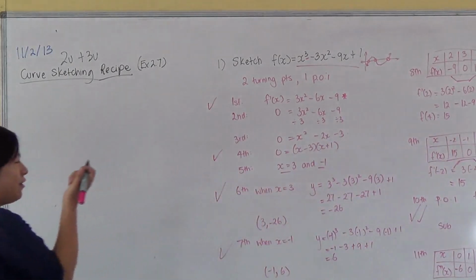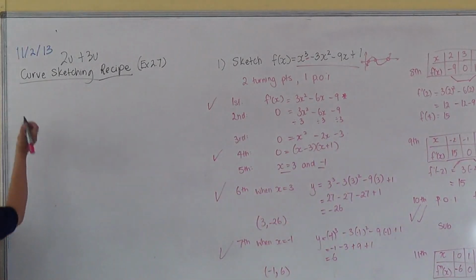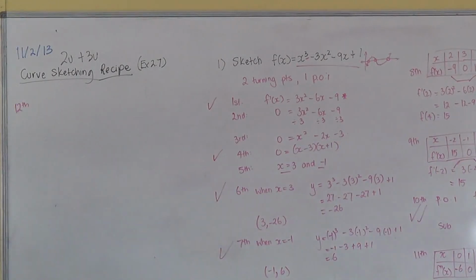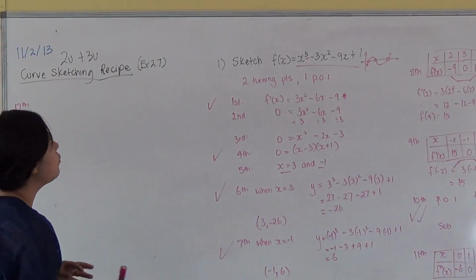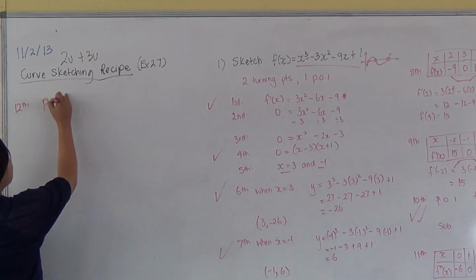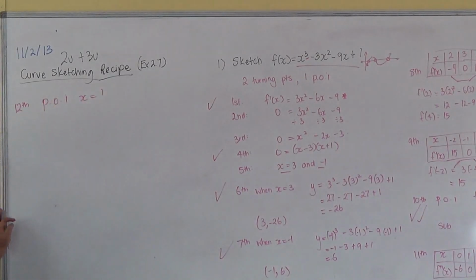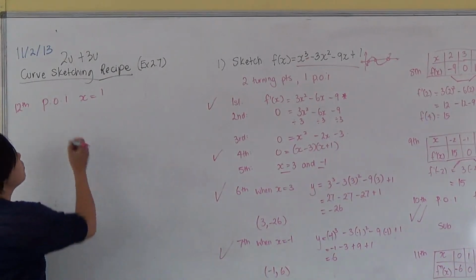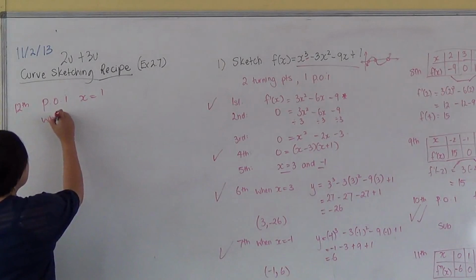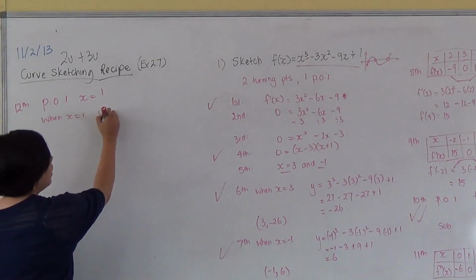So we're up to our 12th step. In our 12th step, we want to find the coordinates of the point of inflection. We already know that x equals 1. So what we have to do now is solve for y. So when x equals 1, y equals 2.